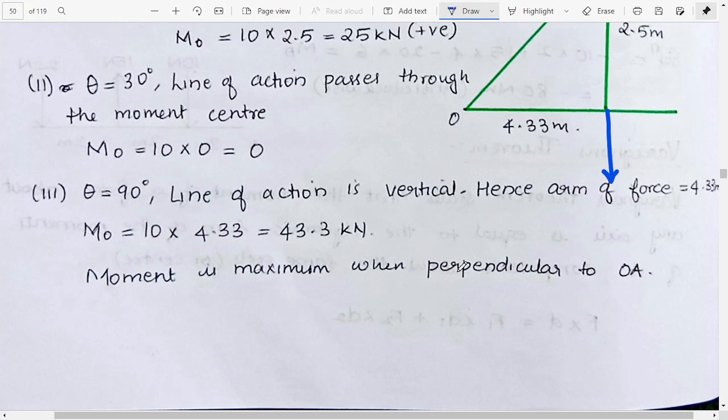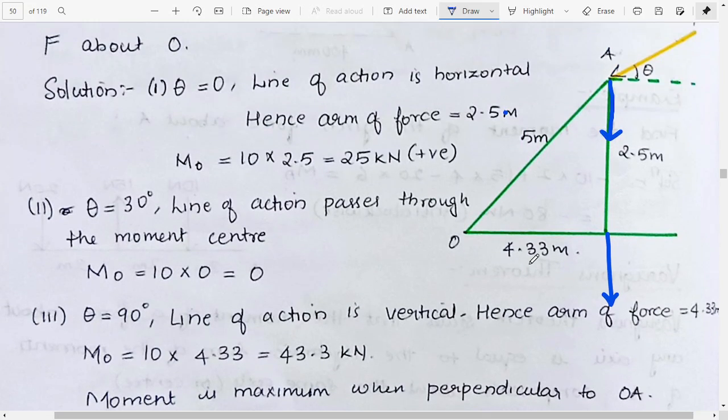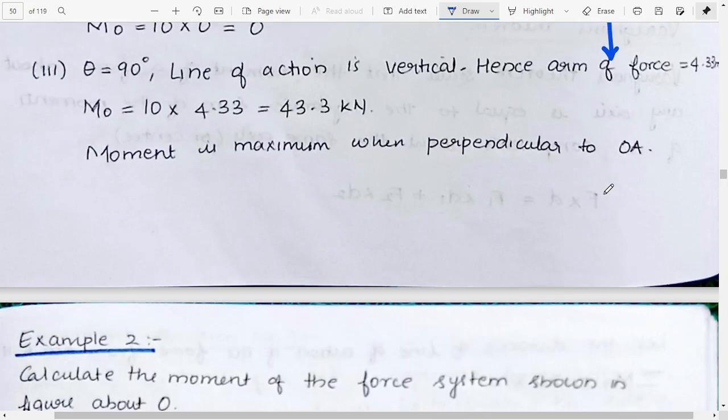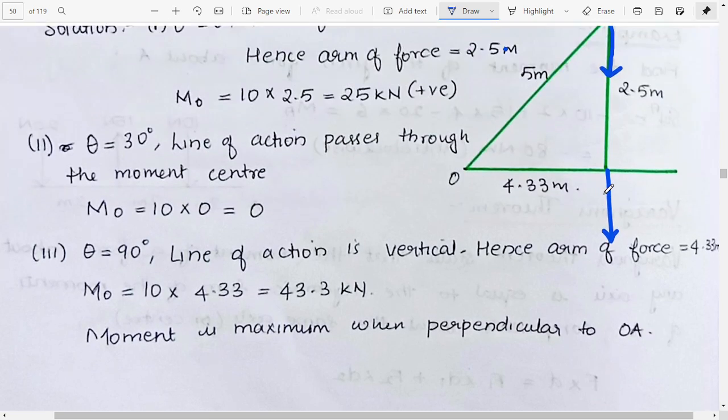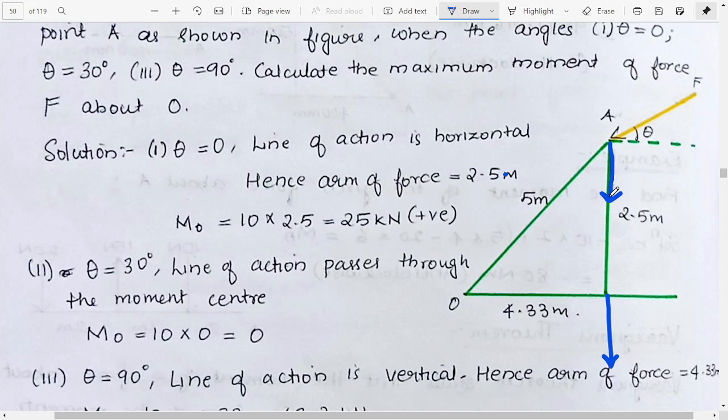So the moment is maximum when the force is perpendicular to OA. Only then will it be maximum. If the force is perpendicular to OA, it will be like this.